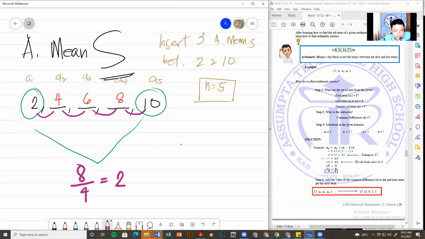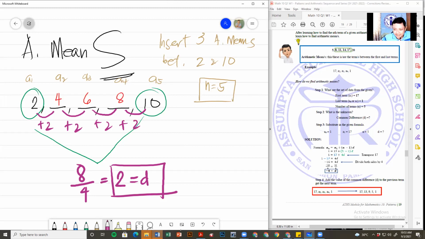Then let this 2 be your common difference. And then you just have to add 2 here. Plus 2, it becomes 4. Plus 2, it becomes 6. Plus 2, it becomes 8. Plus 2, it becomes 10. And you're done. We were able to identify your arithmetic means. Show a reaction about that process.